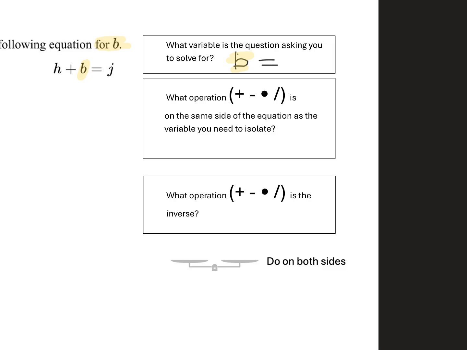We can see that there is an operation of addition on the same side of the equal sign as the variable that I need to isolate. And I know that the inverse of addition is subtraction.